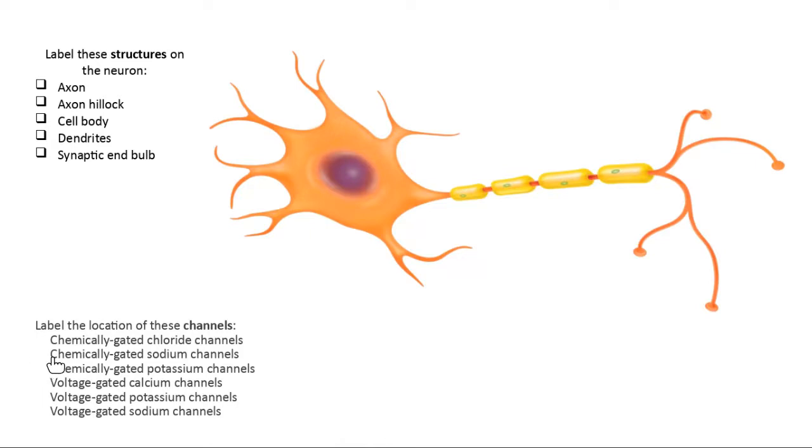So we've only got chemically gated chloride, sodium, and potassium channels. We've only got voltage-gated calcium, potassium, and sodium channels. So keep that in mind. We don't have chemically gated calcium. We don't have voltage-gated chloride. Look at the question here.